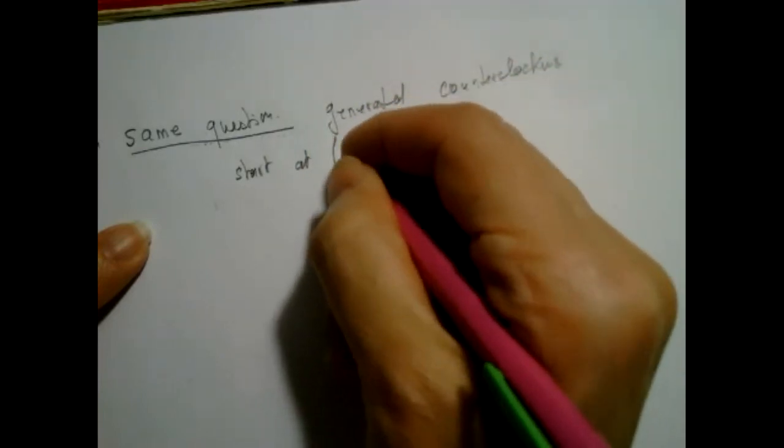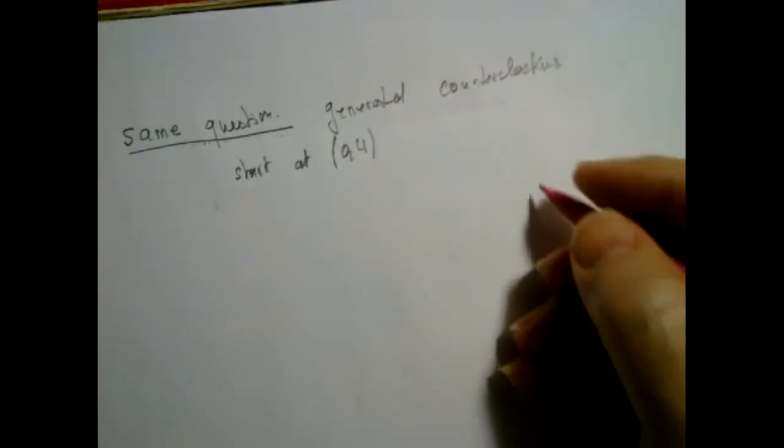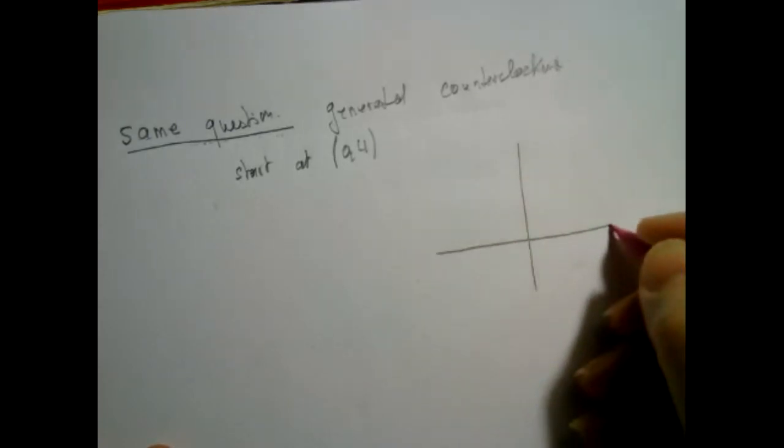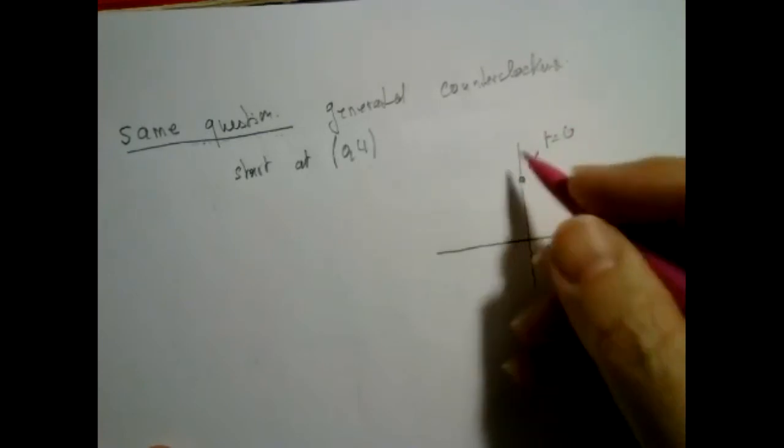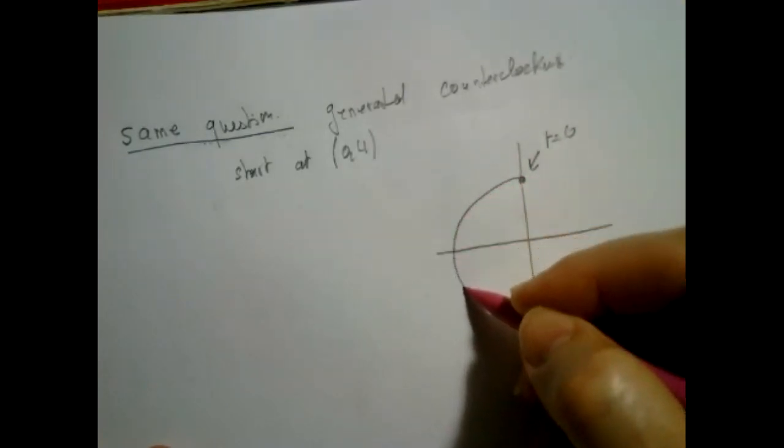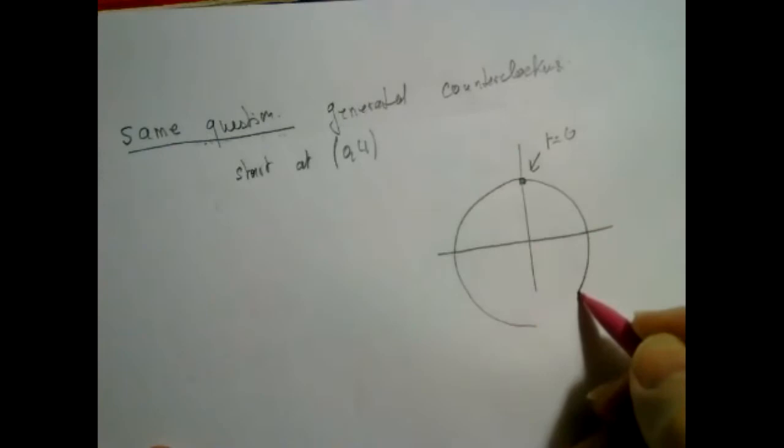Let us say 0, 4. So basically, that's what I want. I want to start here. I want here to be t equal to 0. I want it to move counterclockwise.